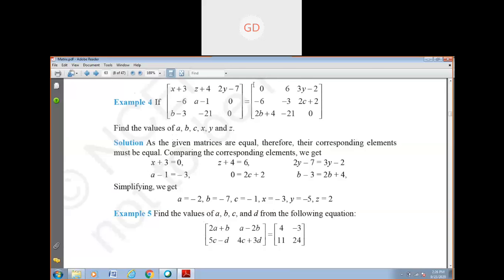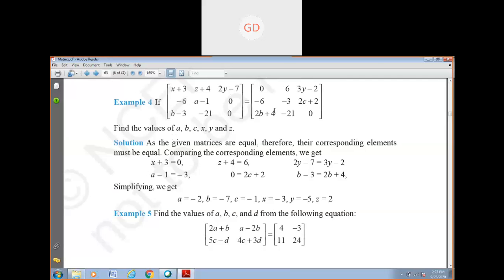Similarly, z plus 4 is equal to 6. Similarly, twice y minus 7 is equal to thrice y minus 2. In the second row, minus 6 is equal to minus 6, these two elements are equal.